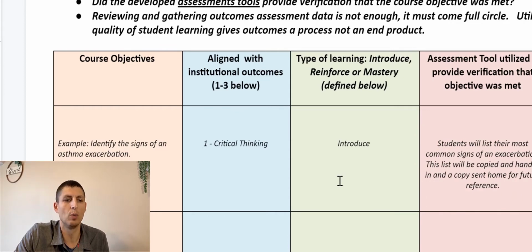Additionally, we want to identify what type of learning this course objective is actually doing. What is it going to accomplish? And in this example, it is going to be introducing subject material to our students. So it is at the introductory level. And you can see here, introduction, reinforce, and mastery are the 3 levels, and we will define those below.